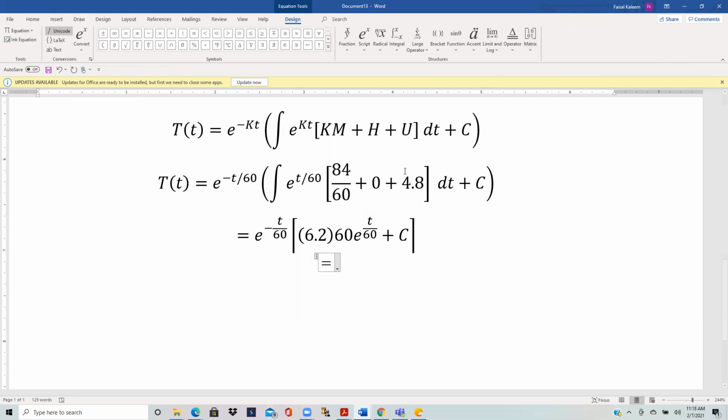I think I chose the wrong symbol. I meant this to be the brackets. So 6.2 times 60. Well, is it 372? 372 plus C e to the negative t over 60.